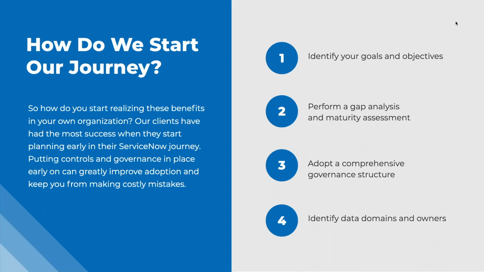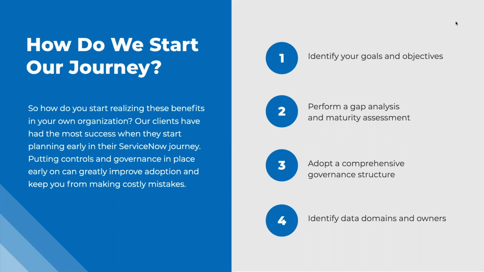The next step is adopting a comprehensive governance structure. And you've heard Jacob talk about this, you'll hear me talk about this, and you'll hear us go over this again and again. It really is that important to us that you have that governance structure, that you have the appropriate teams participating in your processes, and that you know who's responsible for the different data domains, which is our next step here, and who owns those.